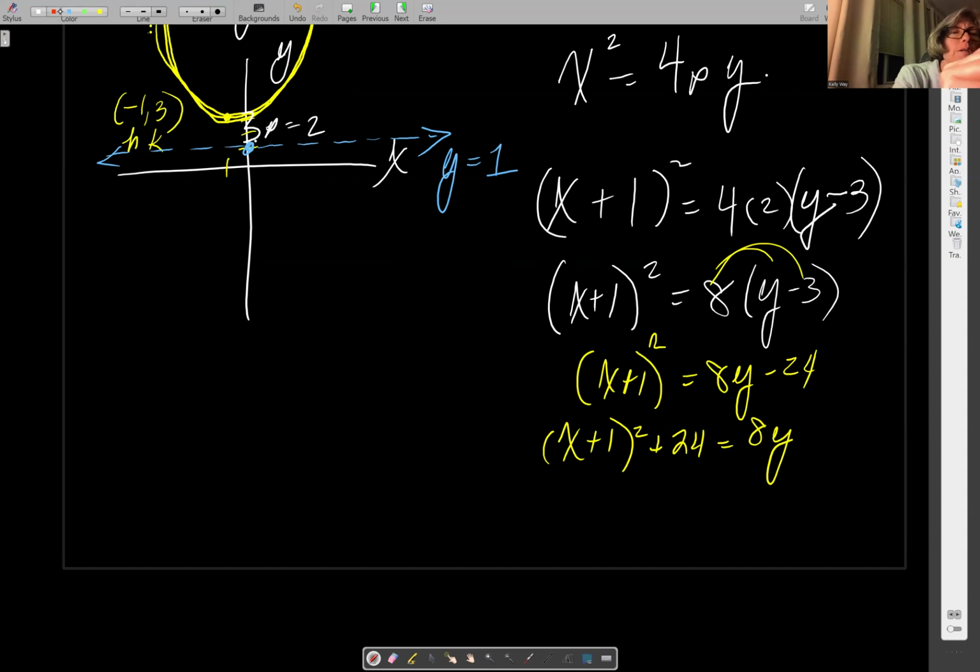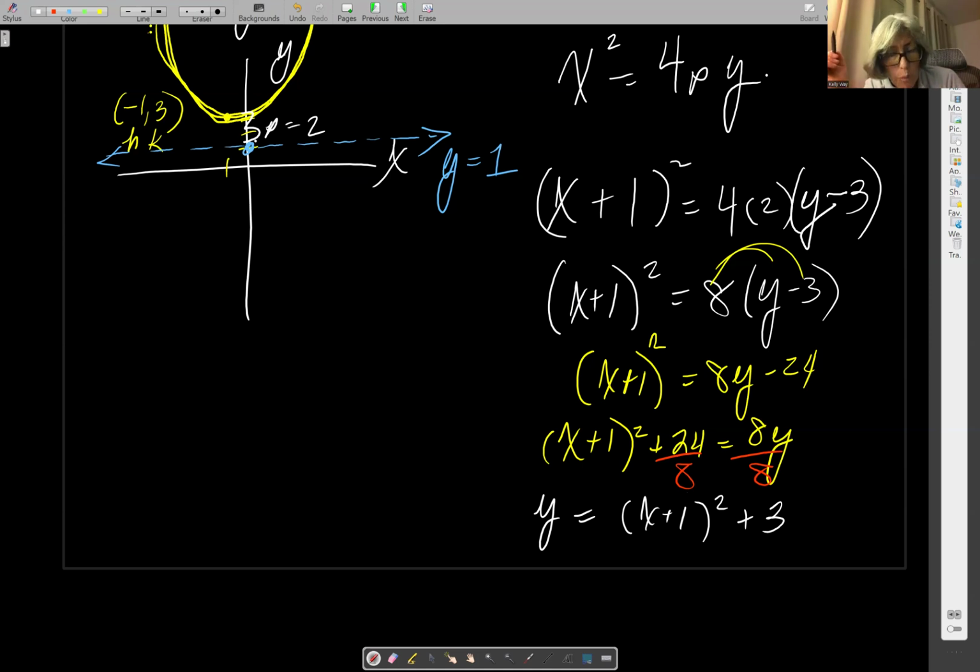I'm going to divide by 8, and because that's squared, we don't touch that, and you can see we get y equals (x plus 1) squared over 8 plus 3, which is our vertex form.